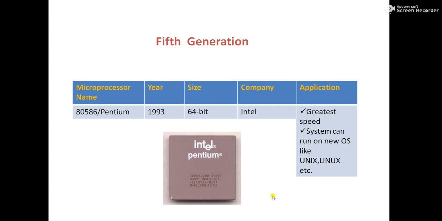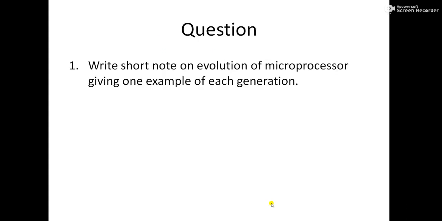So let us have a look at some questions. The first question that can be asked in exam is: write short note on evolution of microprocessor giving one example of each generation. So in this question you have to write all the 5 generations and you have to write example of each generation also. So what are the examples?